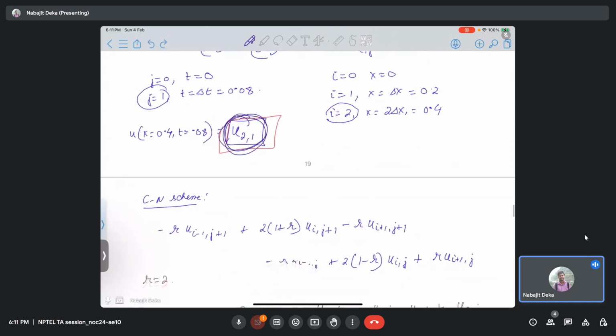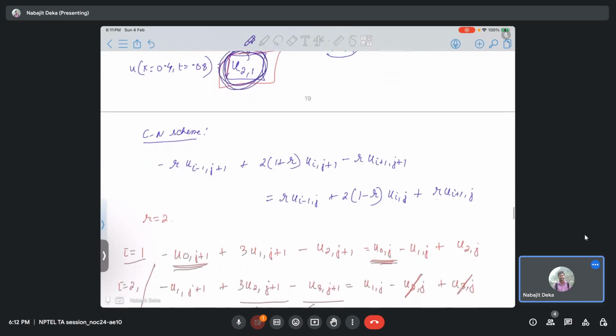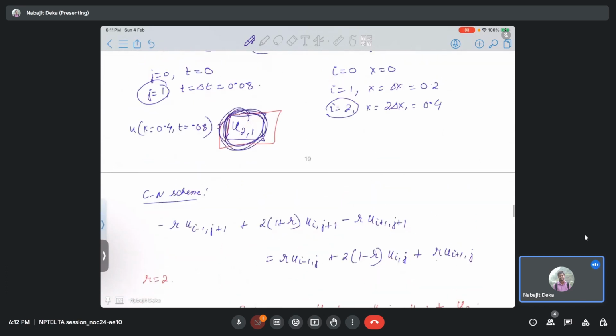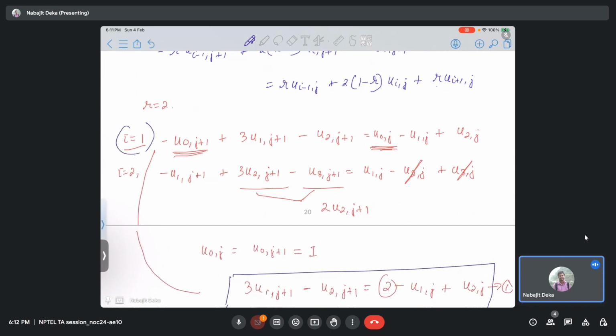Usually in exams they will not ask for u3 comma 2 or so many values, because for that you have to solve multiple equations that won't be possible by hand calculations. So that's why 2 comma 1 is being asked. For that we require only two equations, so we took I equal to 1 and I equal to 2.